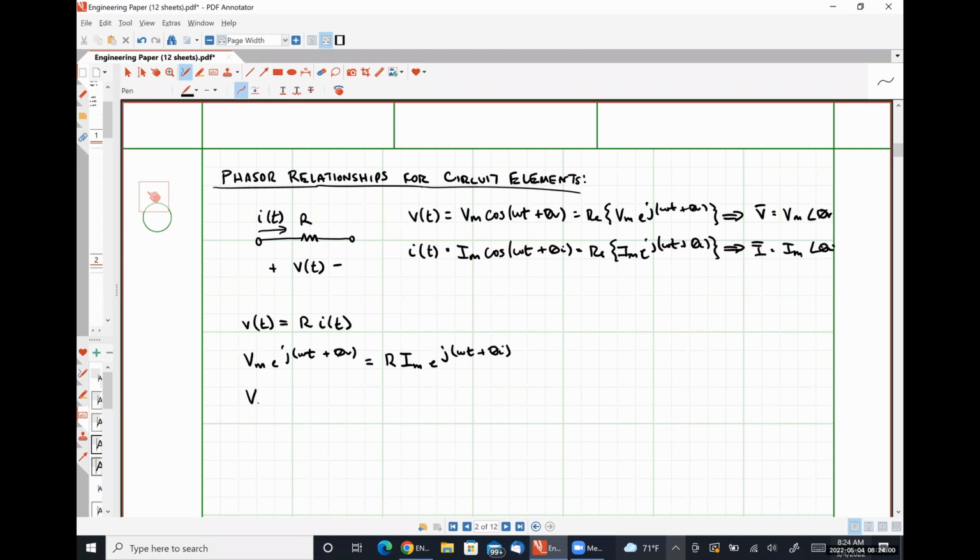So if I wrote this as Vm e to the j omega t e to the j theta v, I could make the right-hand side look like R times Im e to the j omega t times e to the j theta I. And we can see very clearly that the frequency term shows up on both sides of the equal sign, and so they can effectively be suppressed or canceled out.